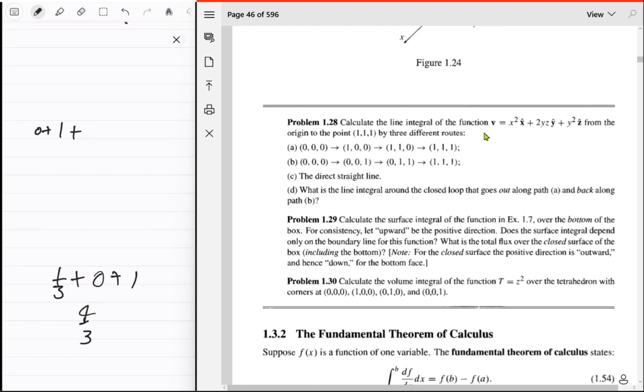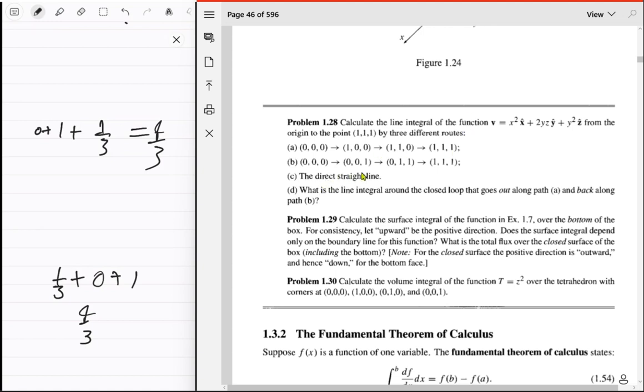Doesn't matter what y and z are, just moving from 0 to 1 in the x direction, so it's 1 upon 3 of course. So it's also 4 upon 3. No surprise, because the curl is 0. Okay, that's awesome.